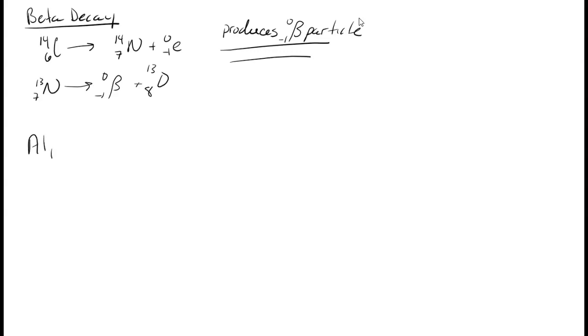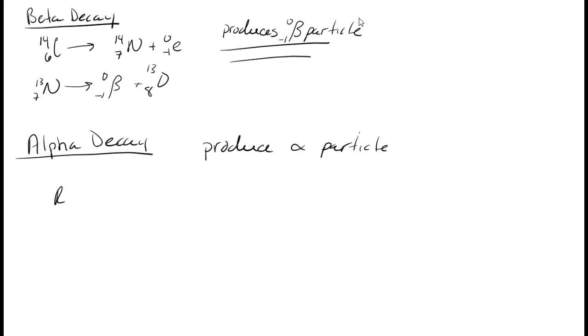Let's look at alpha decay. And again, as the name suggests, one of the good things about these is that the name is pretty given. It tells us what it is. It is going to produce an alpha particle, which means that the alpha particle will be in the product. So an example of this one, let's look at radon.